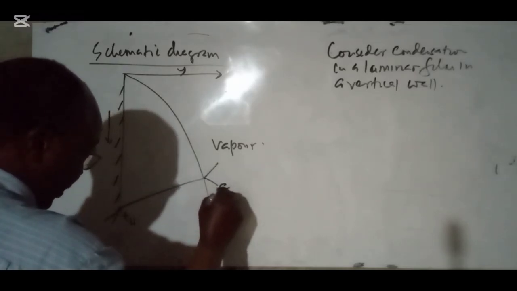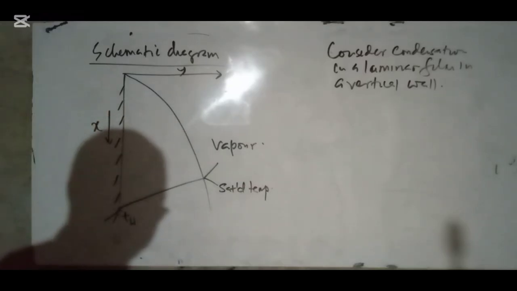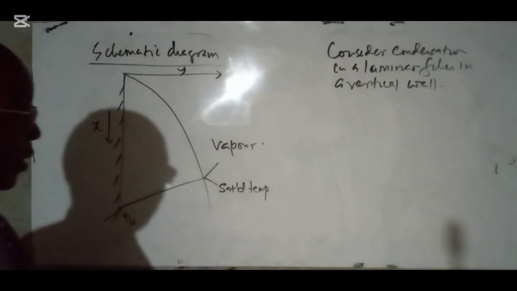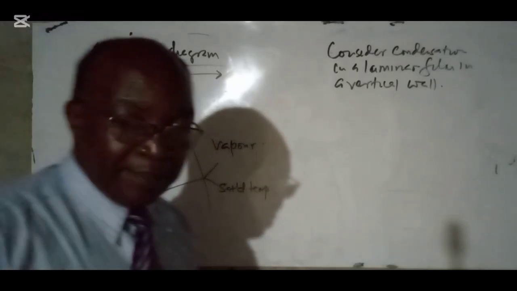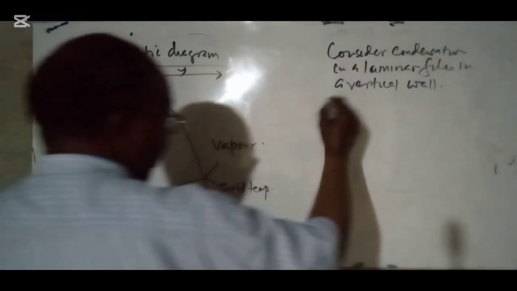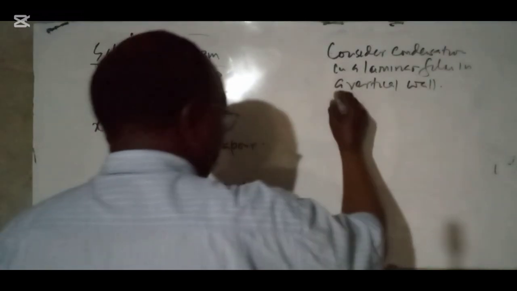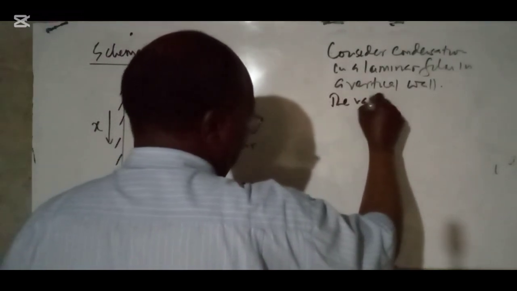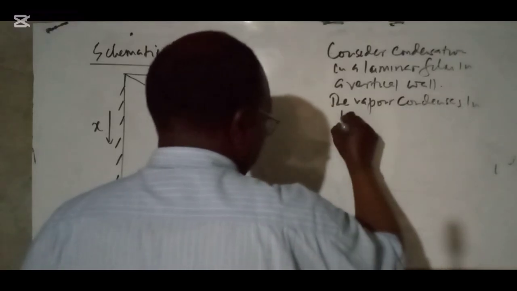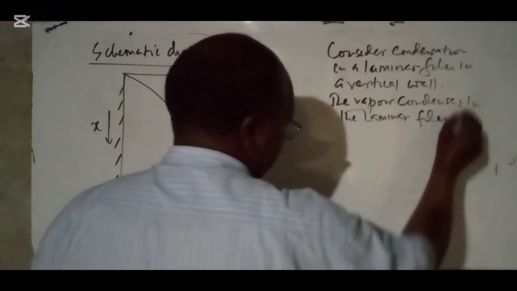Let's call this the saturation temperature. Here we have the vapor. So this vapor will condense in the laminar film. And when the vapor condenses in the laminar film, so what happens?